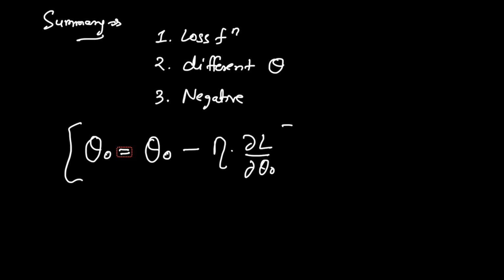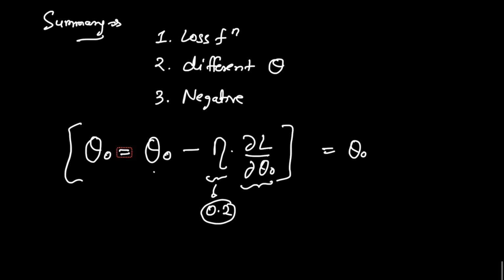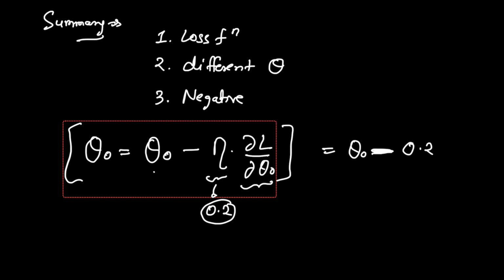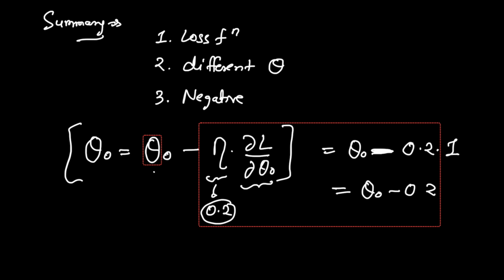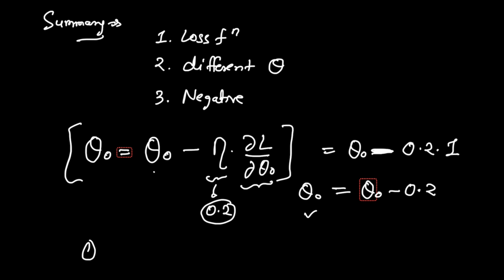Now this eta means, let's say if eta is 0.2, then I will move 0.2 times the gradient. That means theta naught is equal to theta naught minus 0.2 times the gradient, let's say the gradient is 1, then I will simply subtract 0.2. So this would be my new theta naught. Similarly, I can do it for theta 1.